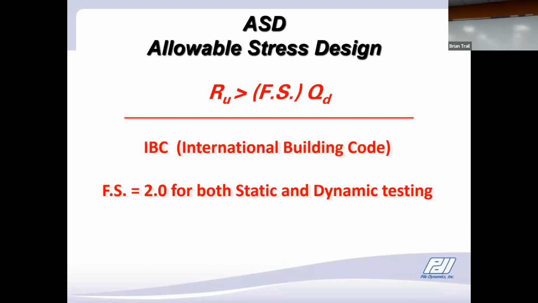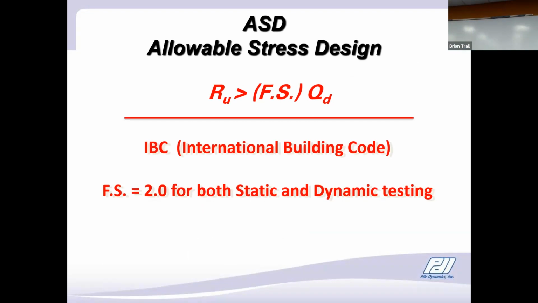Okay. University research to application, and you've seen the CAPWAP analyzers now used throughout the world, really. Allowable stress design is used in private practice in the United States as sort of the rule of thumb.